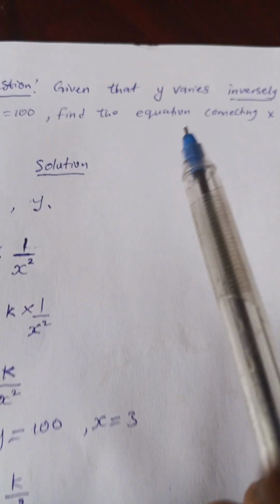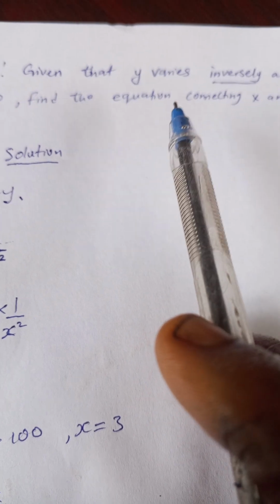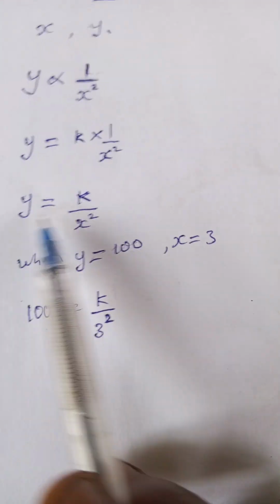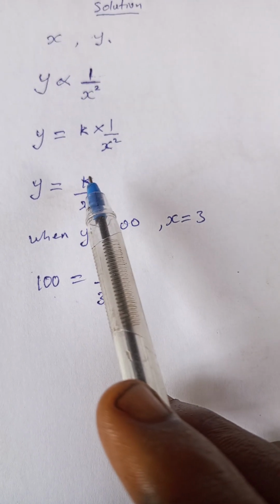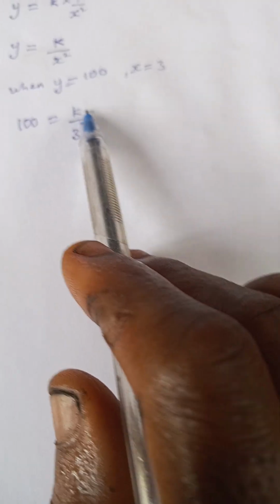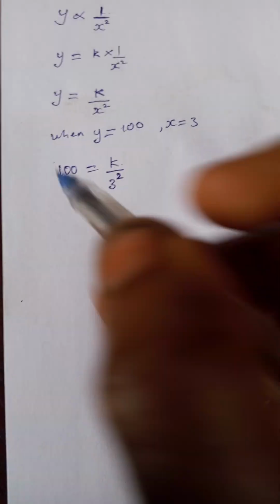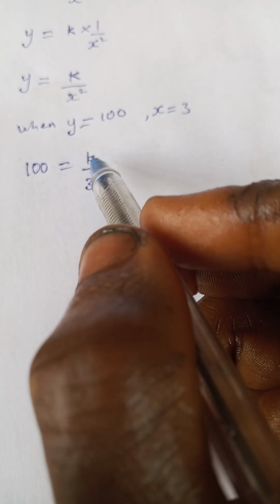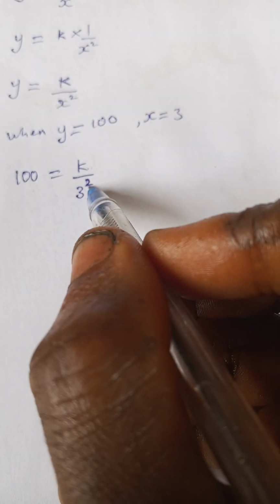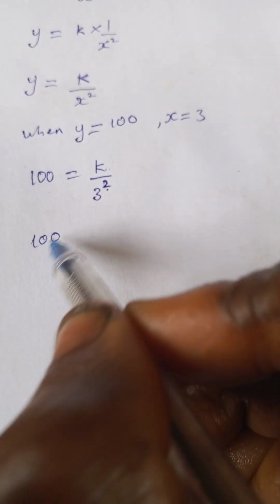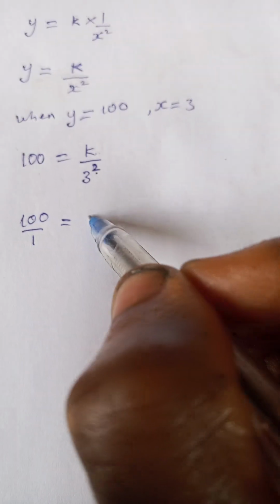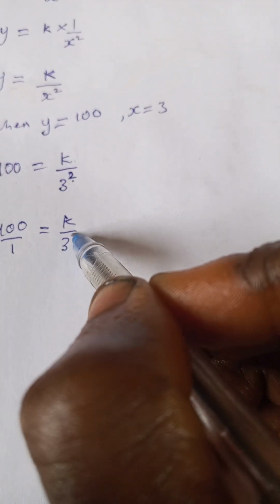Now they said you should find the equation connecting x and y. In order for us to get the equation connecting x and y, this is the equation, but there's a third variable here, this constant. We have to find the value of this constant k. So we have to simplify this, making k the subject. This is the same thing as 100 all over 1 is equal to k all over the square root of 3.